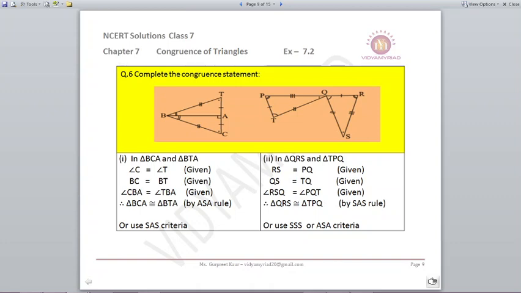If you say angle C is equal to angle T, that means one angle is there. Your BC is equal to BT, that is a side given to us. So angle CBA will be equal to angle TBA. So if you see C, BC and B, that becomes your angle side angle, that is ASA, the triangles make the congruency. Or you can also use the SAS criteria.